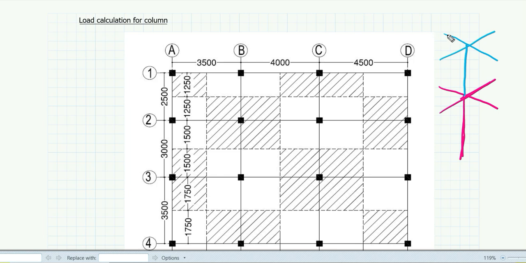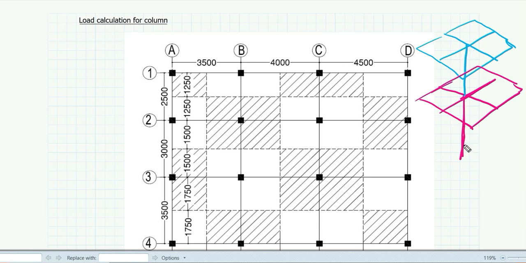Okay, so we have this contributory area. Whatever is there within this area, everything is going to come to this particular column. That is beam load, slab load, and if there is wall load, everything is going to come to this column.